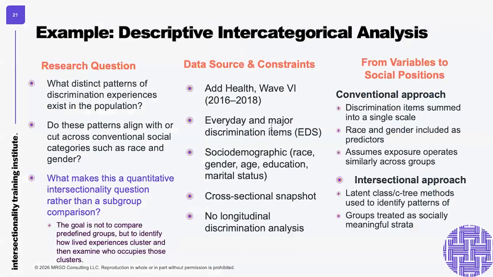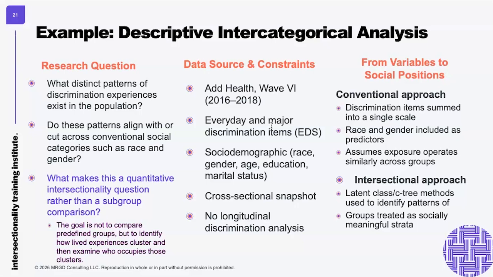So the research question is, what distinct patterns of discrimination experiences exist in the population? The first thing you should notice is that usually there are two questions when we do LCA, because there's a first step, which is actually identifying these patterns through LCA.